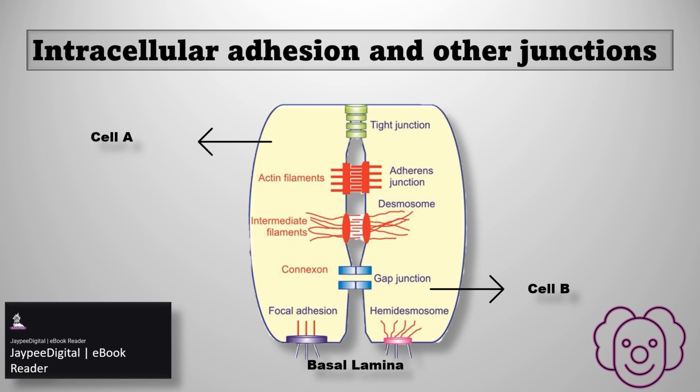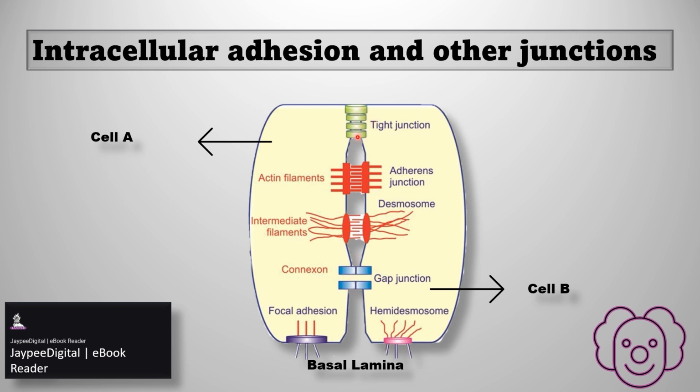Here in this figure, they are arranged orderly from up downwards, so we can see what type of junction is there. Here on the top is the free surface, or the apical surface, of the cells. Here is cell B and here is cell A, and those are the adhesions and junctions.